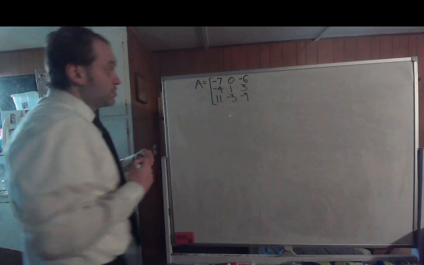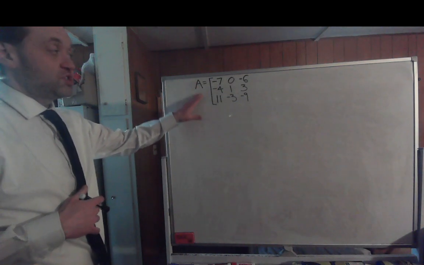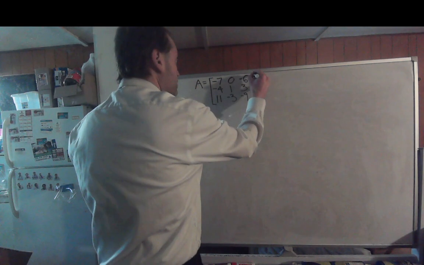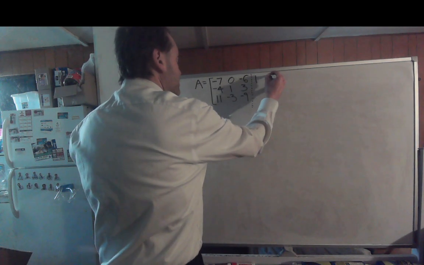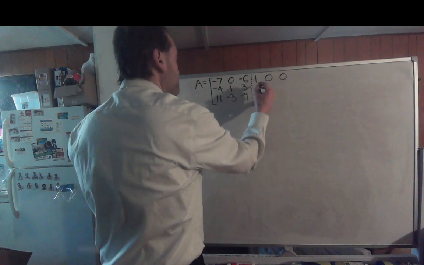Well, you have your original matrix. Why don't we just go ahead and put this into augmented form, the double augmented form? So your identity matrix will go on the right.